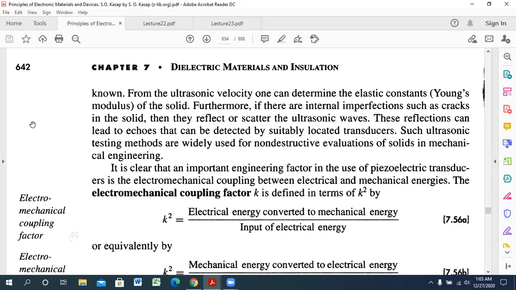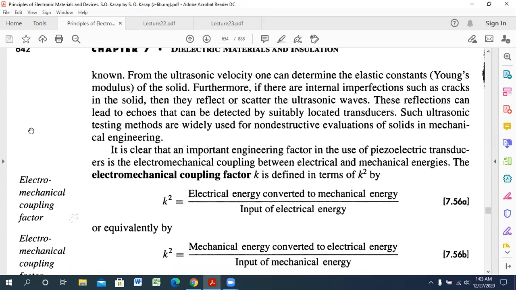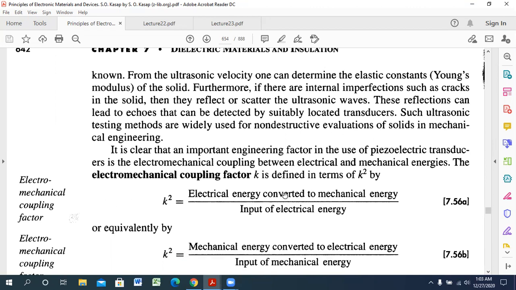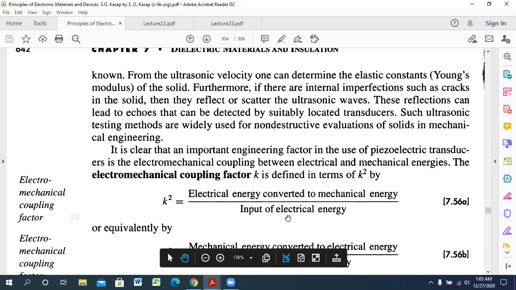Now, we need to know the electromechanical coupling factor. That means we have seen that there is a combination of electrical energy and mechanical energy, and that is described by a factor known as K. So K square is the electrical energy converted to mechanical energy divided by the input electrical energy.